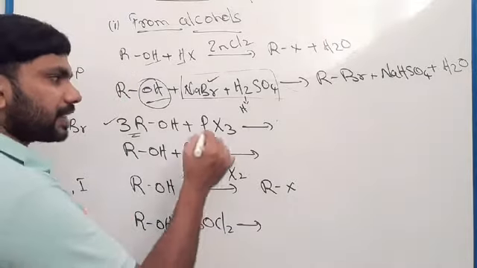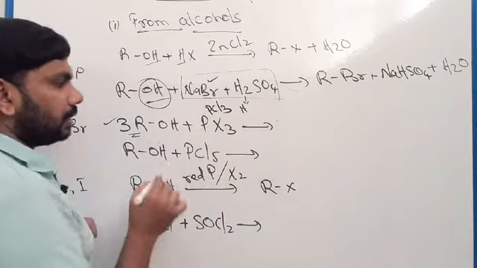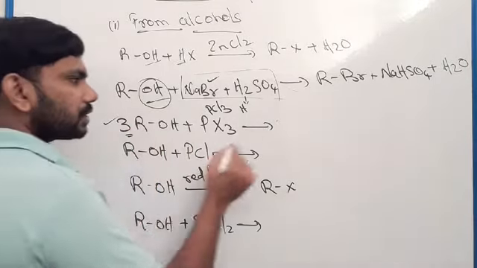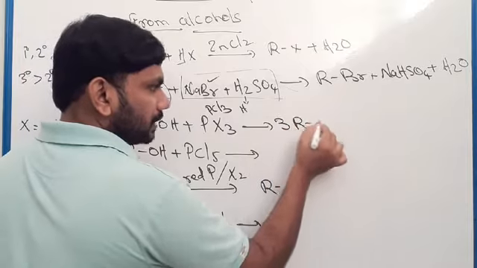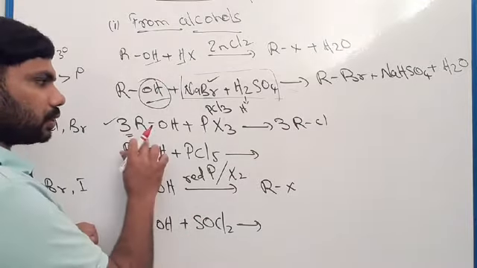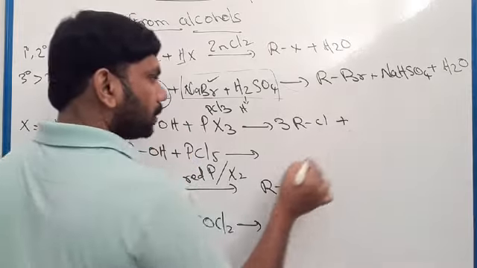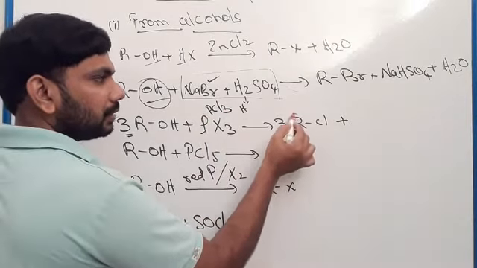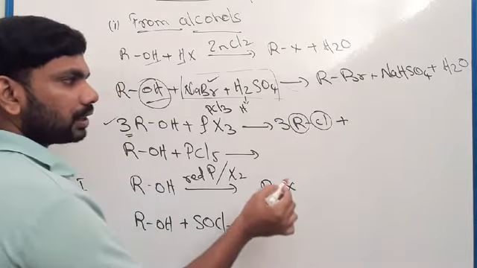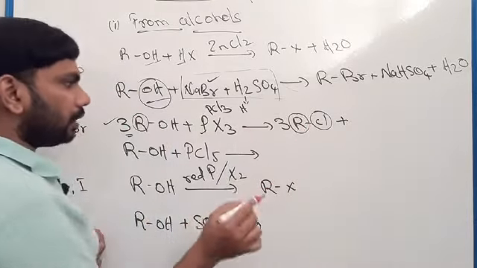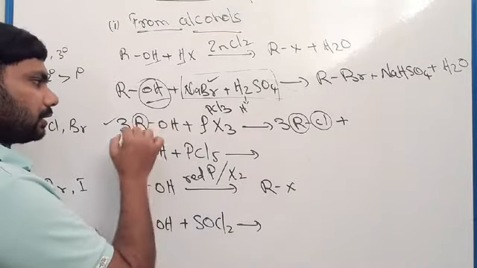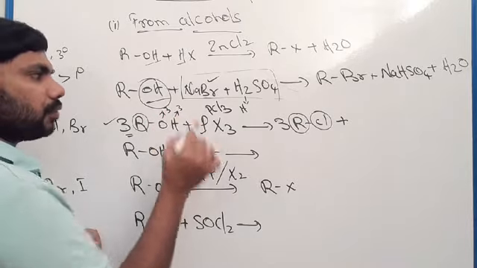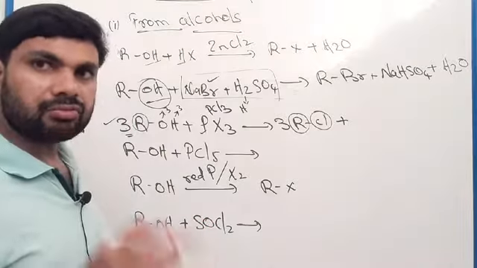For example, for PX3, I choose PCl3. So here we have 3 molecules of ROH, so 3 RCl, 3 molecules of alkyl halide formed, plus what is left here? 1 phosphorus, 3 hydrogen, 3 oxygen.